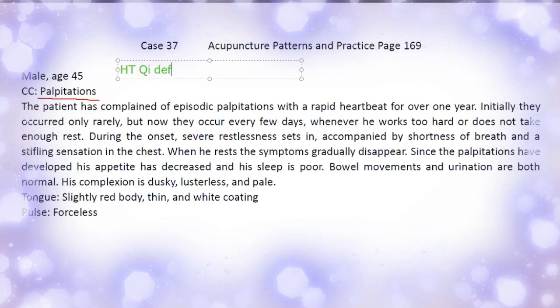So we say heart qi deficiency. Do you think they have some lung qi deficiency or maybe spleen qi deficiency? Yes, that's why I asked the question there. Generally, we say body qi is controlled mainly by two organs: one is the spleen, one is the lung.